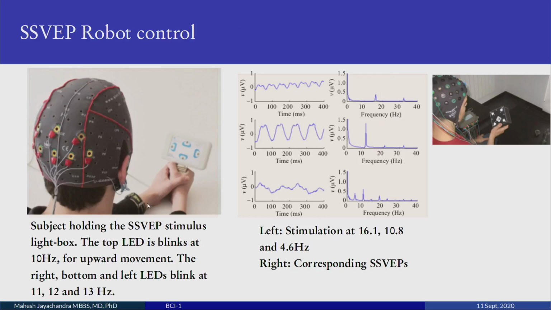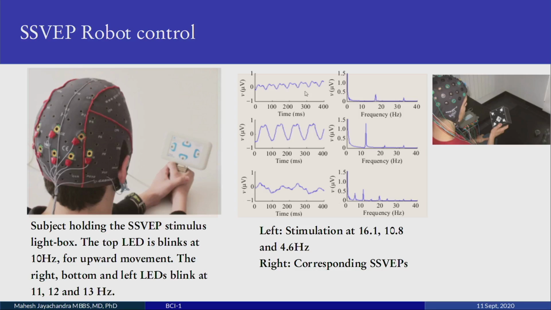So coming to the robot, this is an actual experiment where the subject is holding the SSVEP stimulus light box, and some of this work was done in the Department of Applied Physics and Instrumentation at Indian Institute of Science in Professor Sanjeev Sambandhan's lab, where the top LED blinks at 10 Hertz for upward movement, and the right, bottom and left LEDs blink at 11, 12 and 13 Hertz respectively.